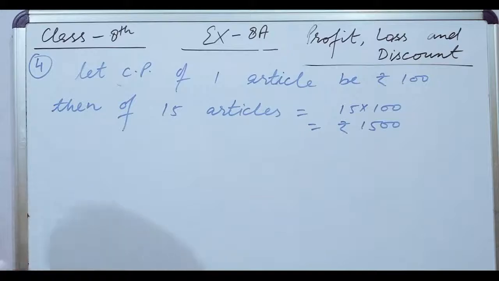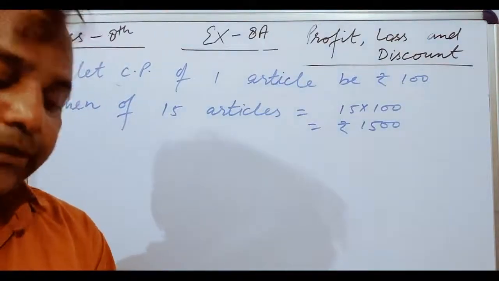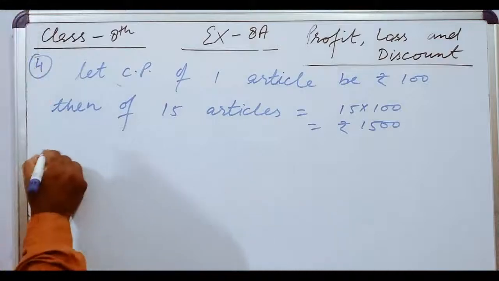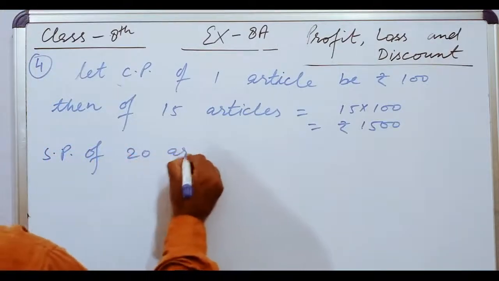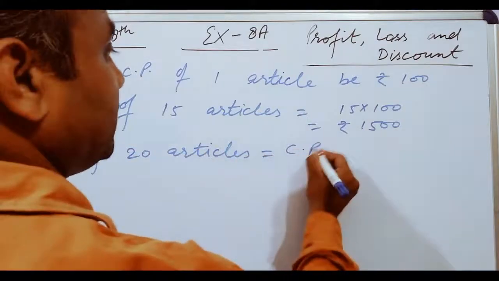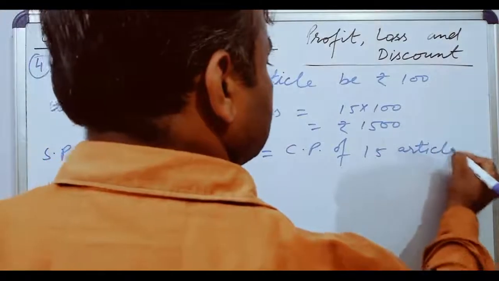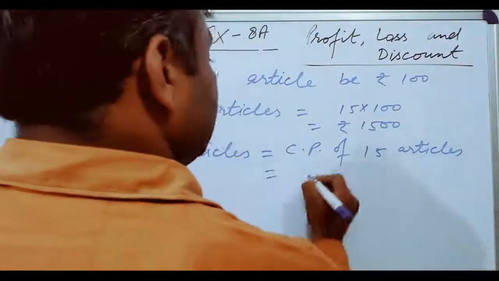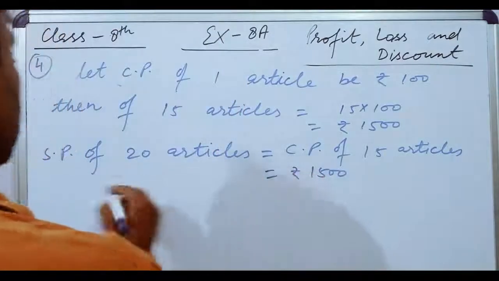It is given that SP of 20 articles is equal to CP of 15 articles. So SP of 20 articles equals CP of 15 articles, which is 1500 rupees. Then SP of one article equals 1500 upon 20, which is rupees 75.